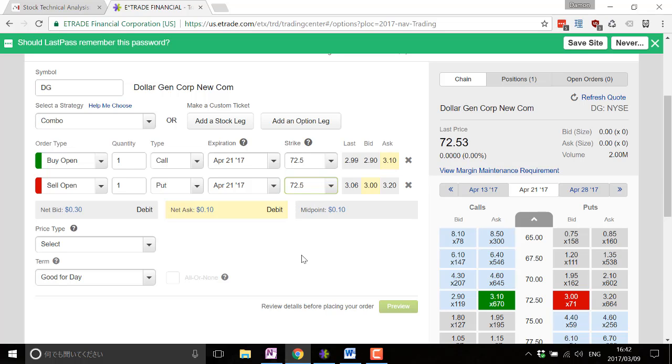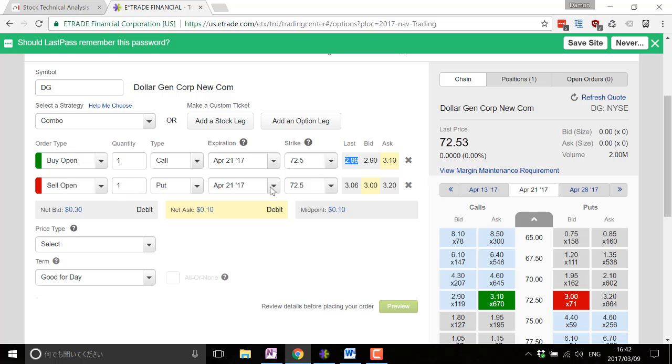And now it's going to tell us how much this position will cost. It's saying that it's going to cost us 30, that's the bid, and 10 is the ask. Now, look at it this way. The last time this option was traded, it was traded at $300.